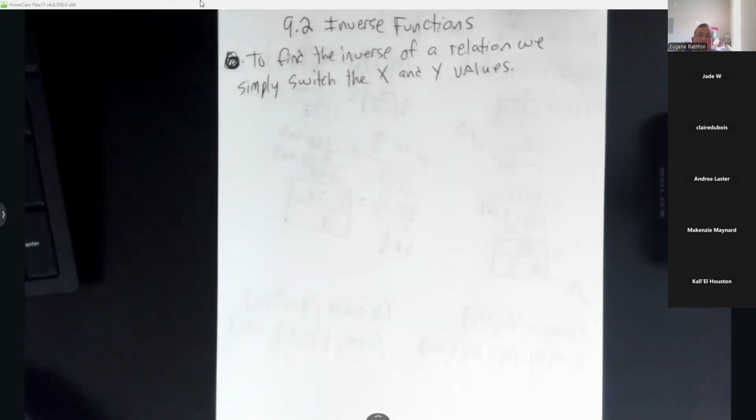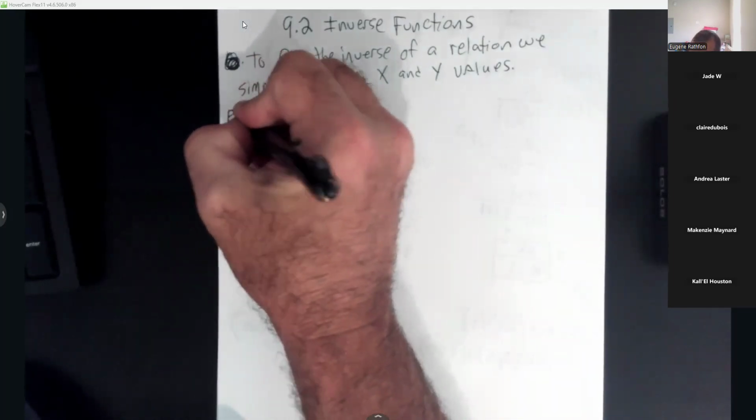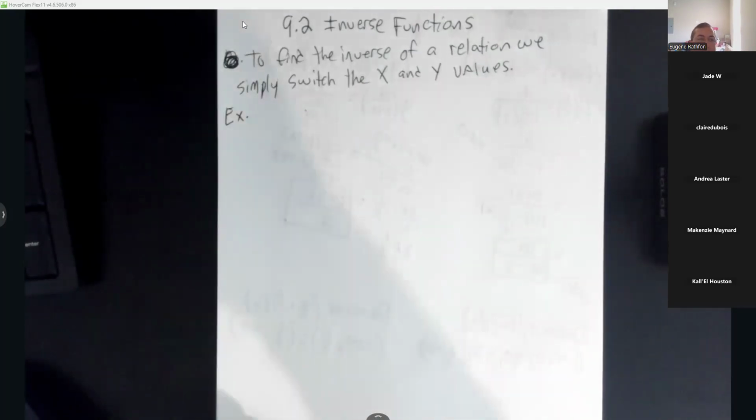So the first one, they're going to give me a set of ordered pairs. So to find the inverse of the ordered pairs, I'm going to switch the x and y values. Okay, so that's basically what we're going to do to these. And switching the x and y's is pretty much how I will find inverses even on the functions, okay?